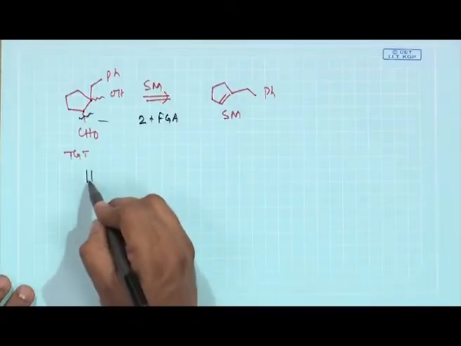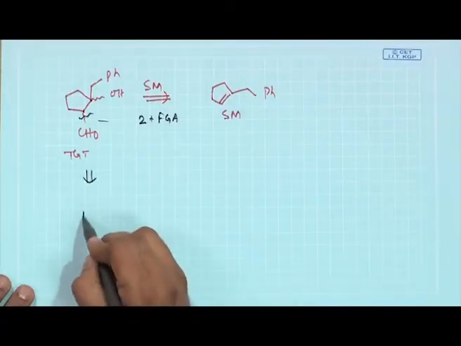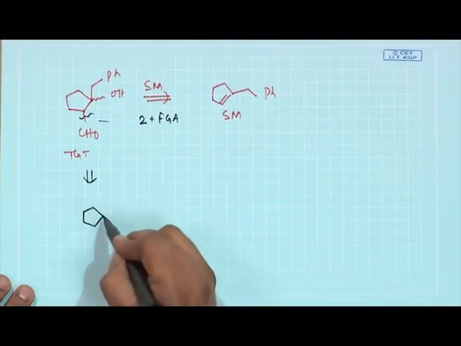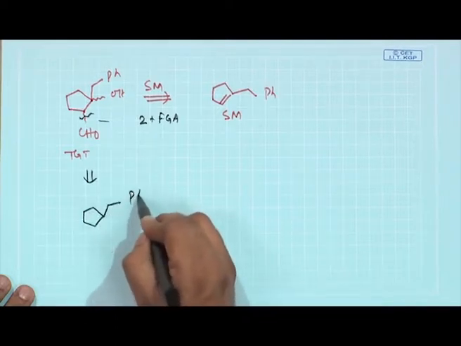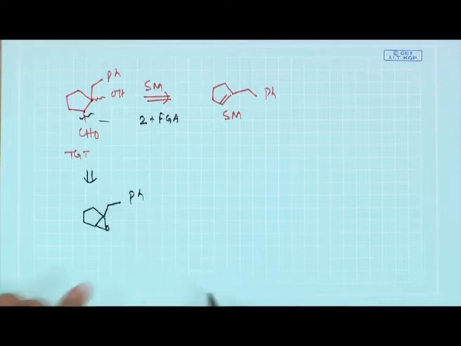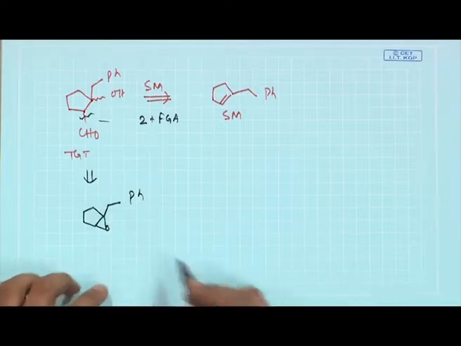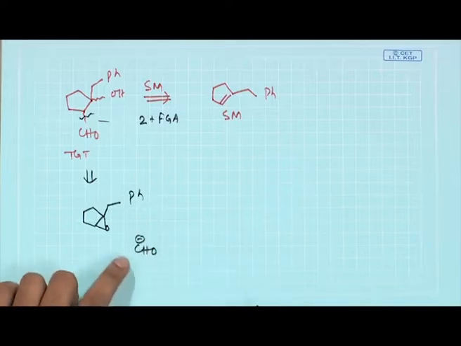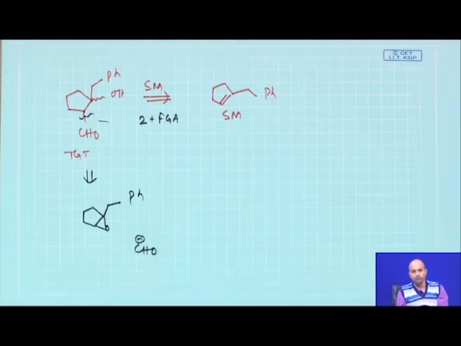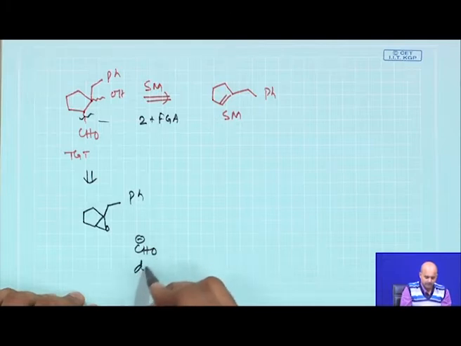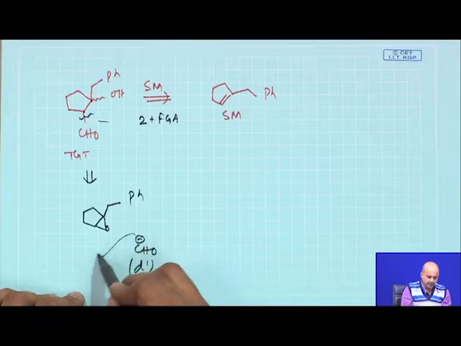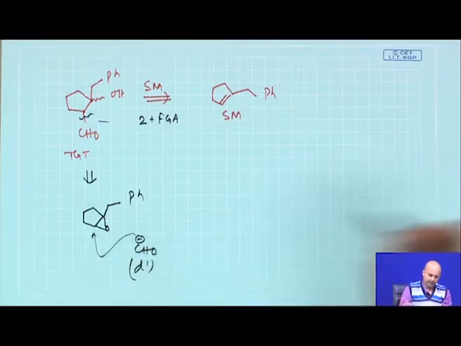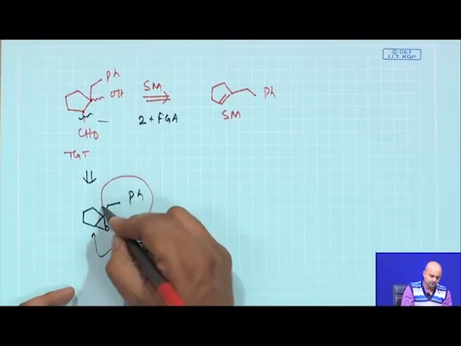Now, do the retro in a very classical way. Say you have this epoxide and a formyl anion as a source of nucleophile, or a D1 species. This epoxide can be attacked either this way or this way.